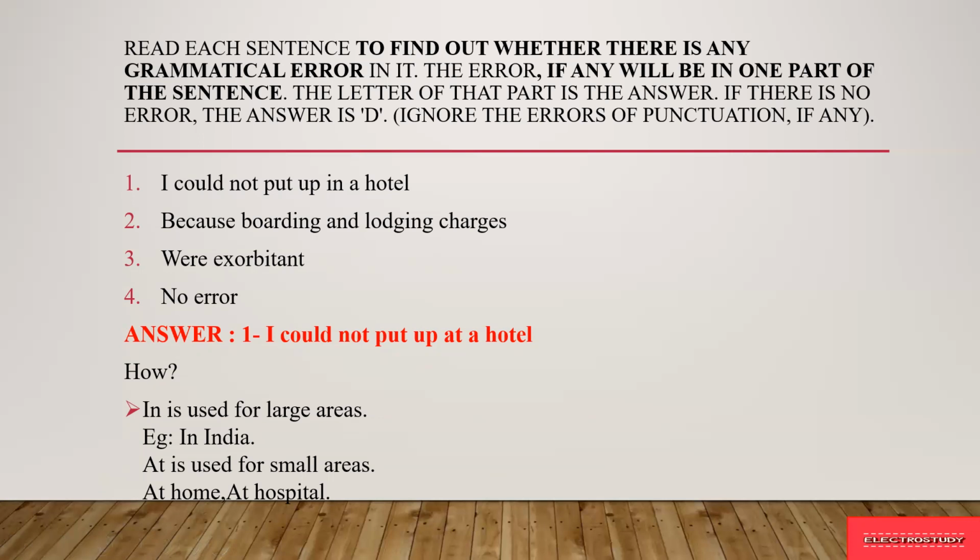So you will say I could not put up at a hotel. See, I am living in Bangalore, at the place of your name, Vidyanagar, Vijayanagar Cross. Or I am living in Tamil Nadu at some place where you are living. So a large area will be represented as in and small areas as at.